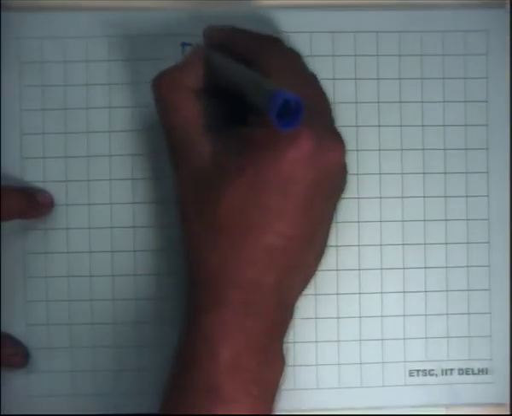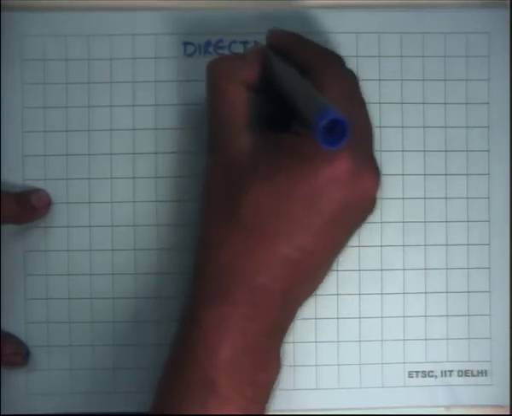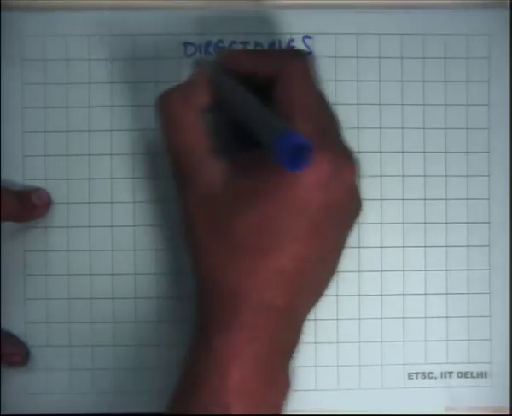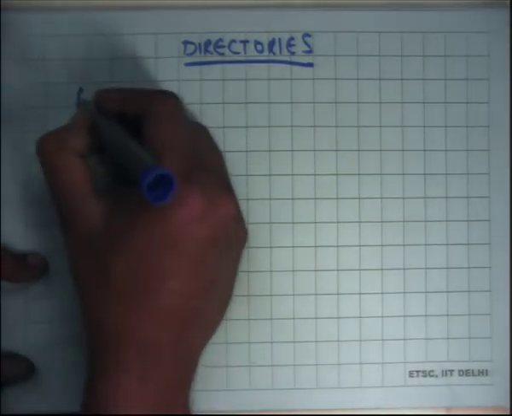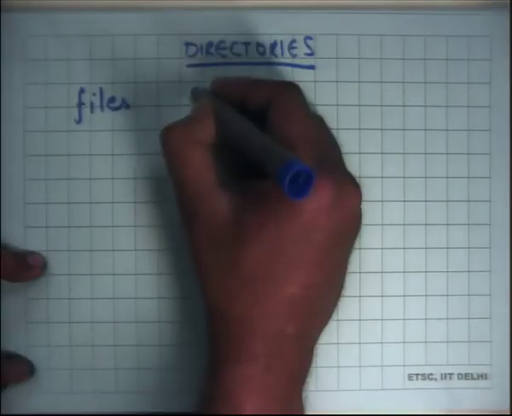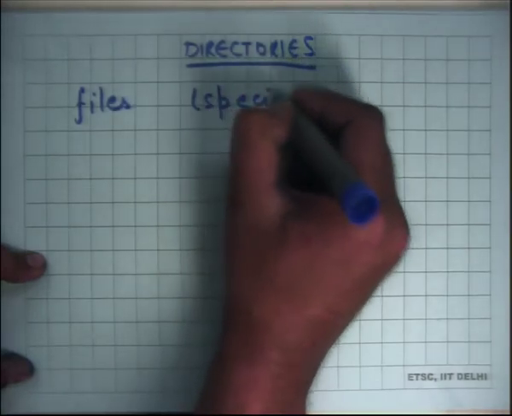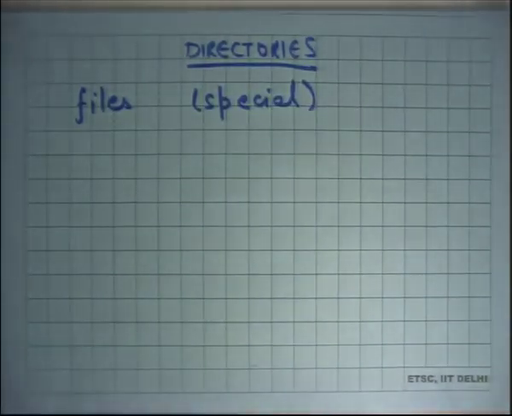So what about directories? How are directories implemented? Directories are nothing but files, but special. They're special in that the user cannot read them directly. It's the operating system that can read it, and it's only the operating system that can interpret it.